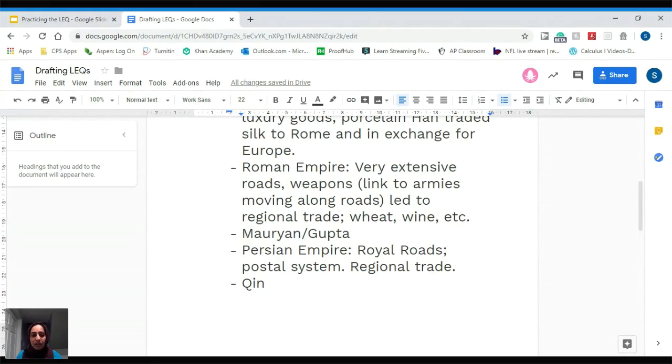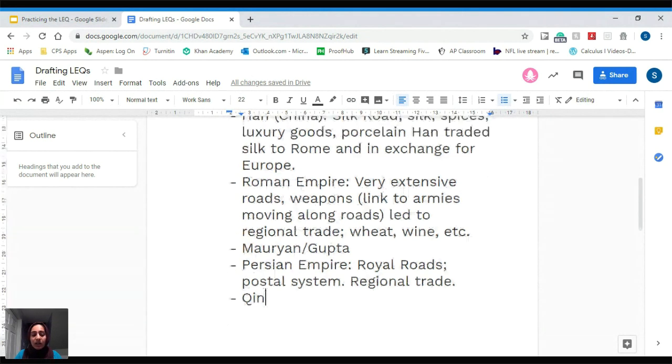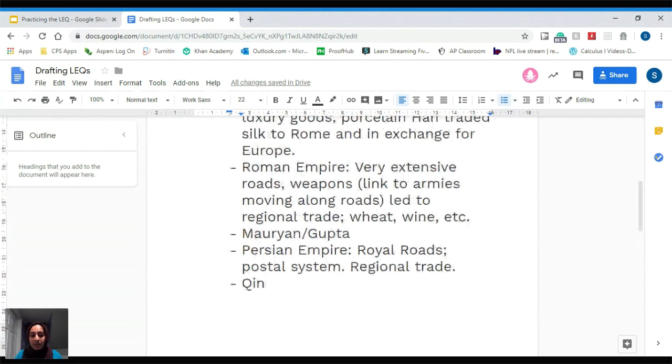I said that it mainly increased trade, but at the same time there were a few empires that weren't really involved, and the Qin didn't have an extensive trade network like the Han did. So if you want to include a counter argument, if you think it's going to strengthen your essay, then go for it. Do you guys have anything else to add to this evidence?